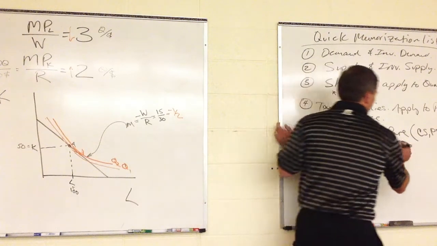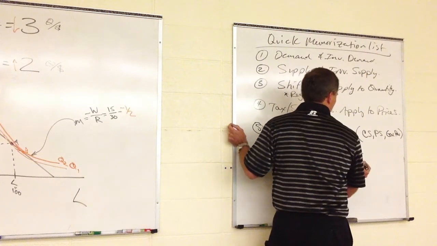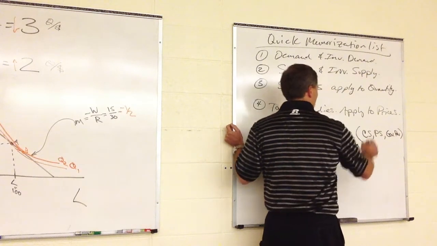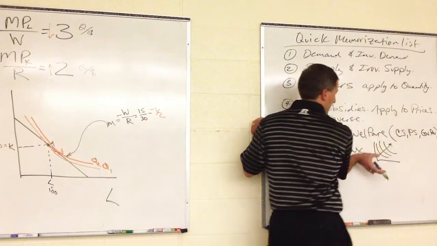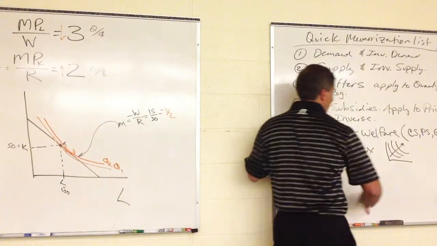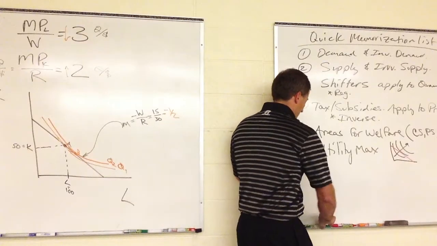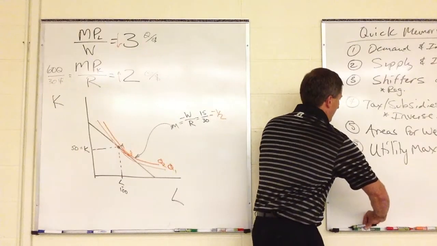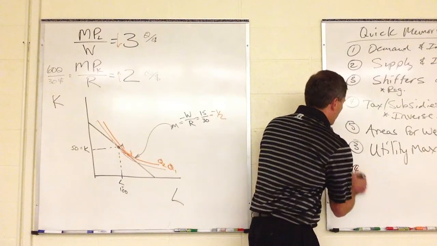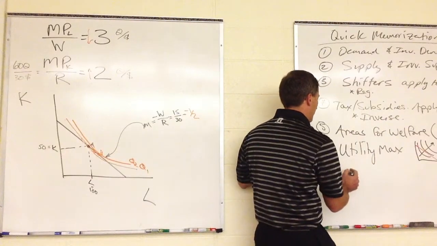Utility max, kind of graphically, is getting on the highest indifference curve. So indifference curves are going out, so we're going to make ourselves as happy as possible, subject to some sort of fixed budget constraint. We've got the other one that we talked briefly about, because I just want to tie these things together with similar to what we're doing here.